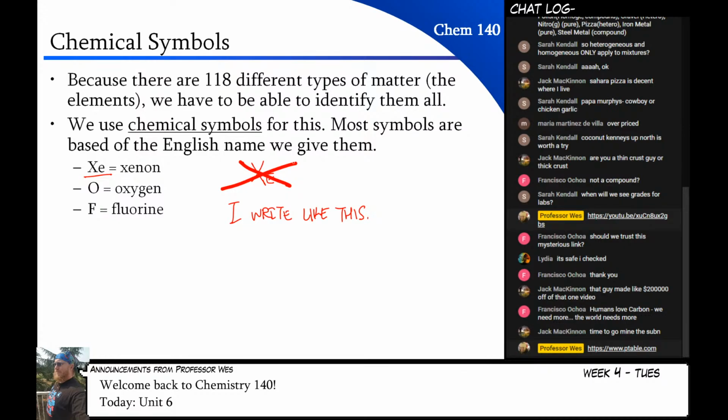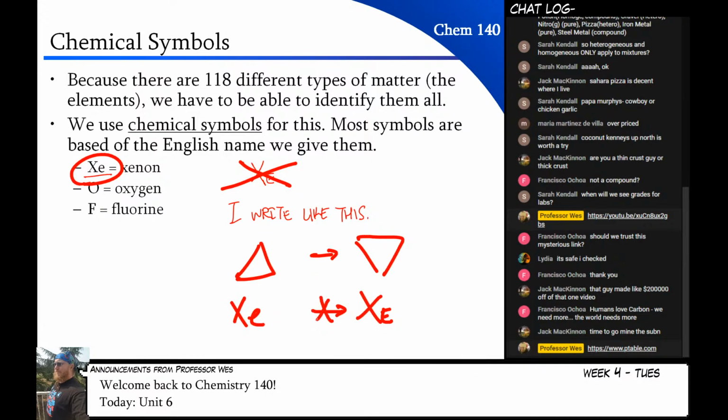This is a symbol, even though it's made of letters that we represent, in the same way that this is a symbol, and if I translated it to this, these are different. Just like this and this are not the same.